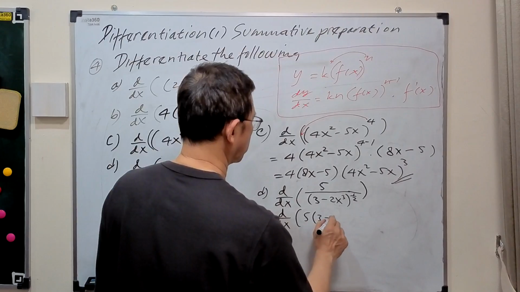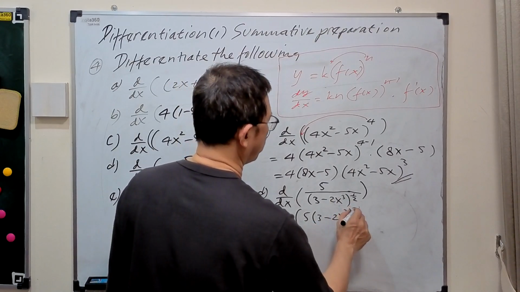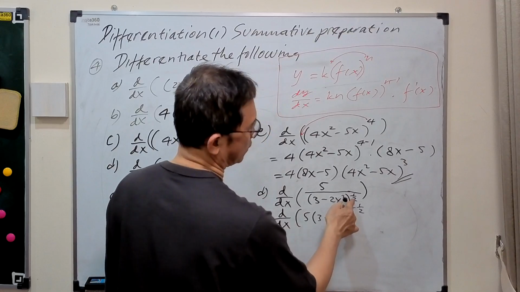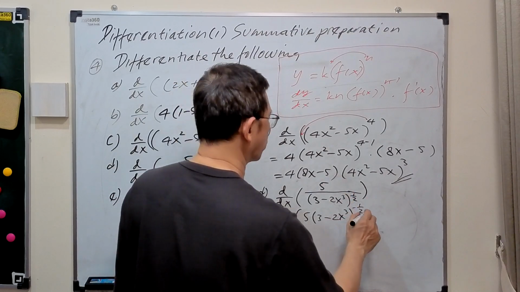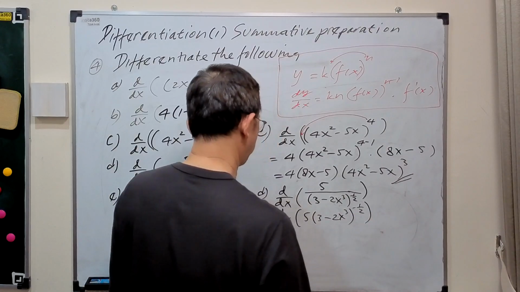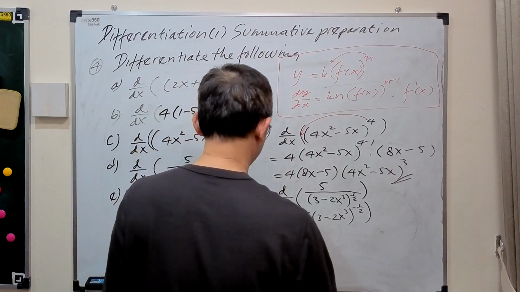So 3 minus 2x cubed to the power of what? To the power of negative half. You have to switch the sign: before positive, you move to the top, it becomes negative. Now this expression is ready to be differentiated.